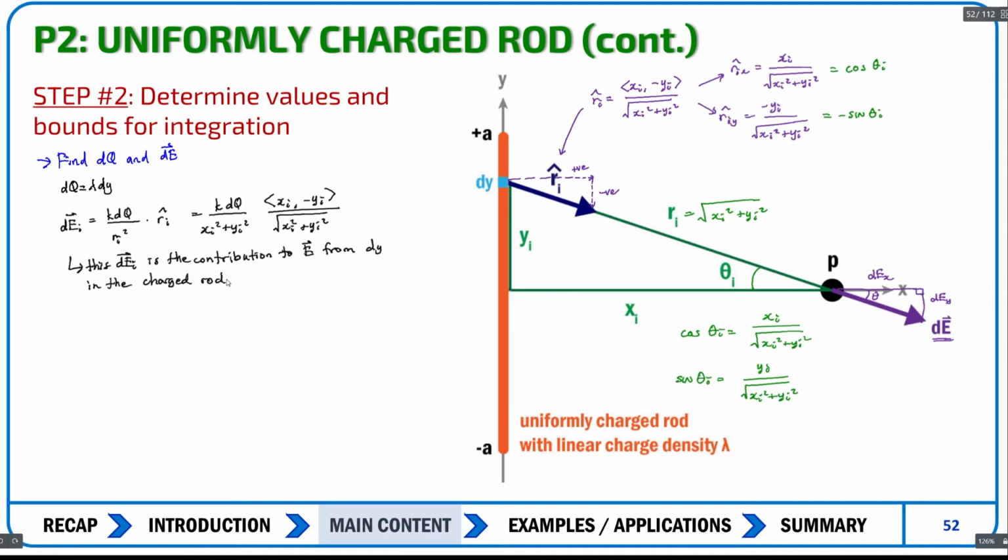So I now have dE, but what I really want to do is find the electric field. So that means I have to figure out what my integration bounds are. So now that we have dE, find the bounds of integration.